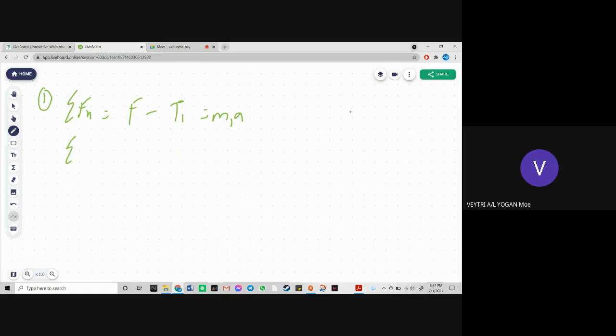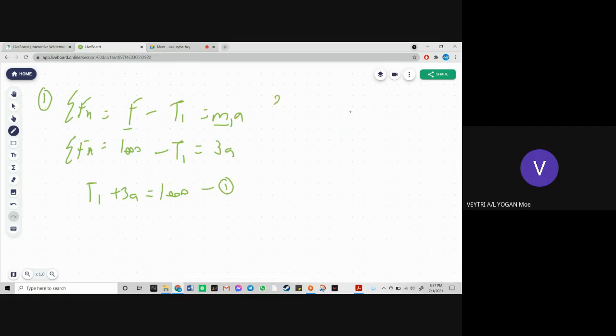Next, total of Fx equals to force given 1000 minus T1 equals to mass is 3 kilo, 3A. So T1 plus 3A equals to 1000. This will be your first equation from your first free body diagram. Okay, you guys know very well this is movement across the x-axis. So try to focus on the total of forces on the x-axis first.